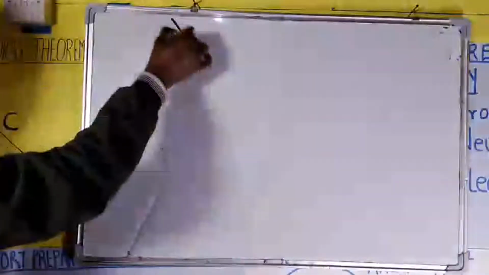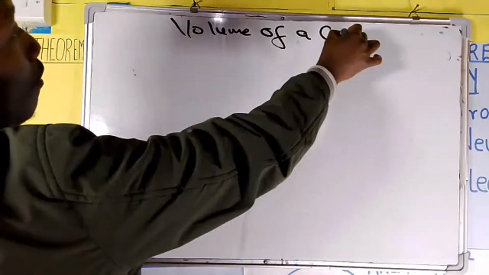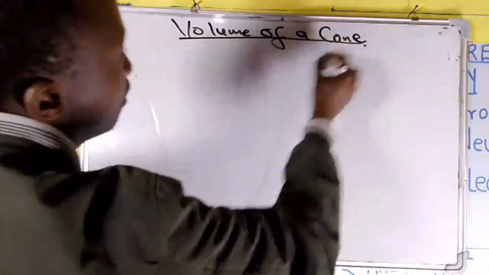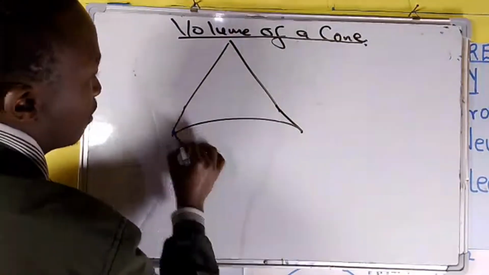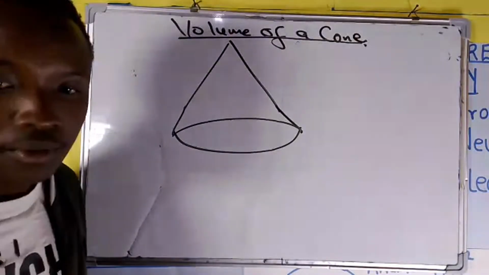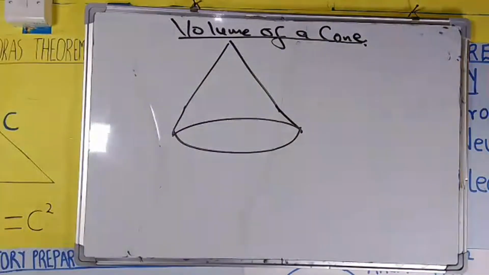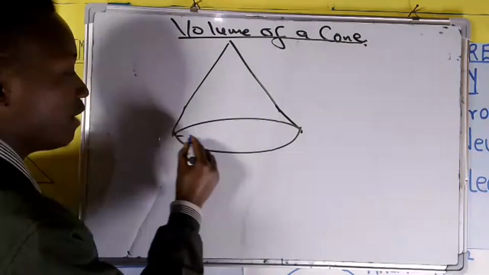So, let us now get to volume of a cone. A cone is in the shape of this. When we have this as the shape of the cone, we have the radius.